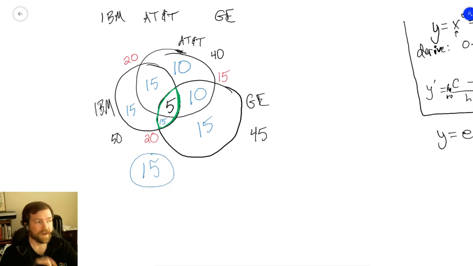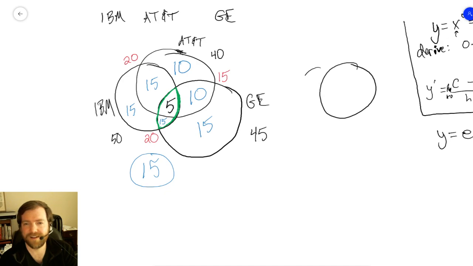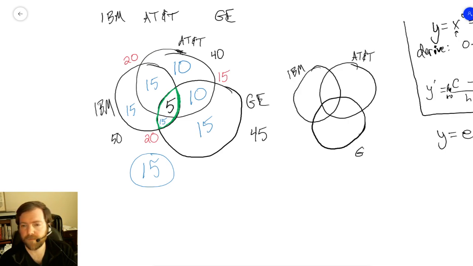Okay. Now let's try it the other way and see if this is going to work, because this is also another way to do it. Try it a different way and see if it's completely wrong. So IBM, AT&T, GE.